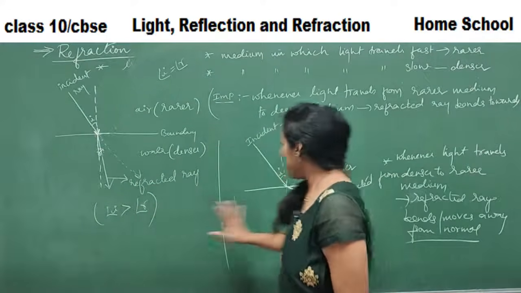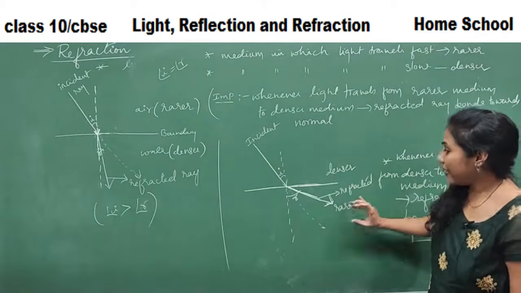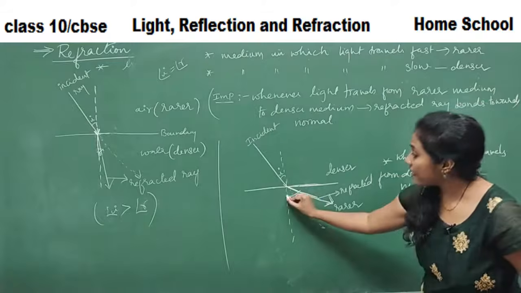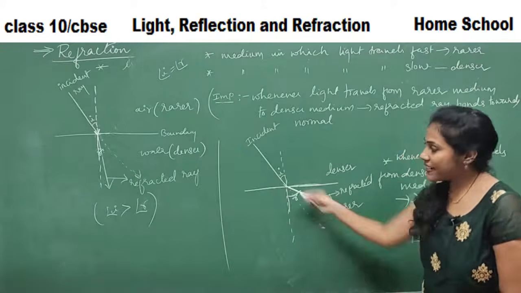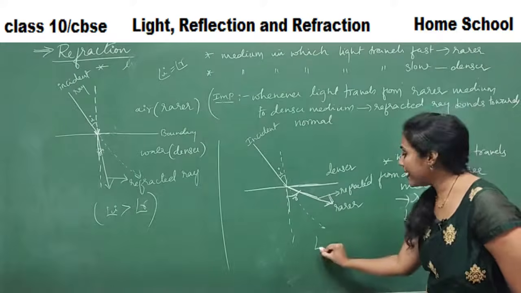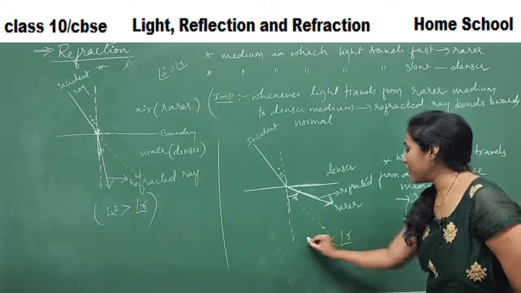And coming to this case where the light is moving from denser medium to rarer medium, you see this much is the angle of refraction, but the angle of incidence is lesser. So angle of incidence is lesser than angle of refraction.